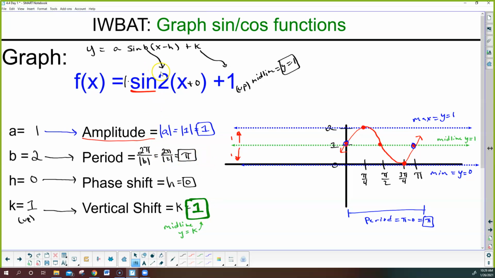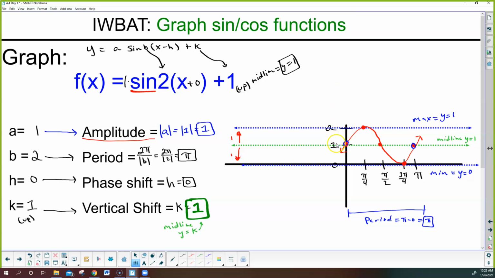All right, so we saw how B affected the graph, we saw how A affected it, we saw how K affects it, we even saw how H affects it. So what if I changed this A value to a 5? What would be the difference? Nothing, except instead of going up to 2, I would have to go 5 units up.